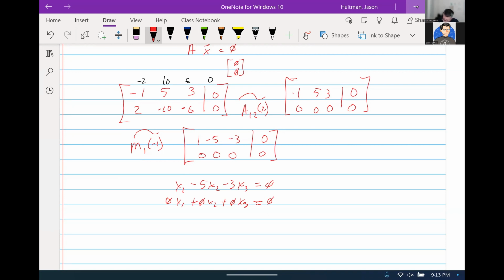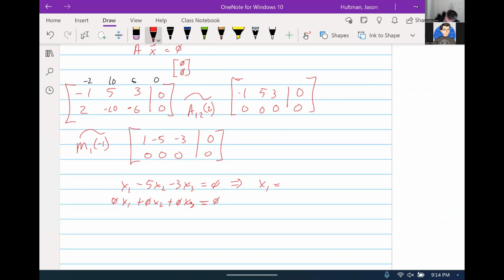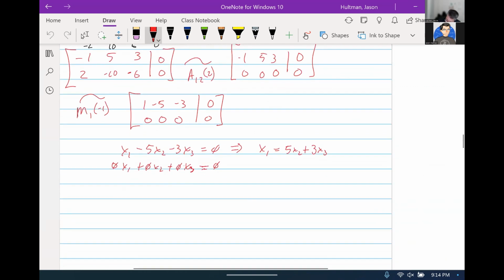The first one though is a relationship. And so what I'm going to do is I'm going to solve for x1 in the top equation. I'm going to get x1 is equal to 5x2 plus 3x3. And I'm gonna choose two variables here. I'm gonna say let x2 equal s and let x3 equal t.